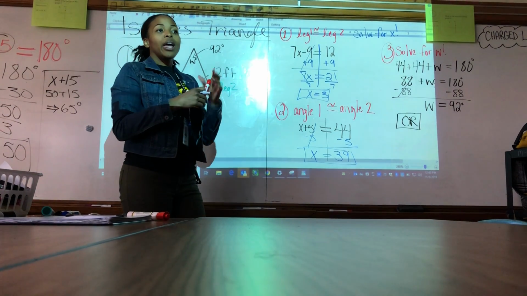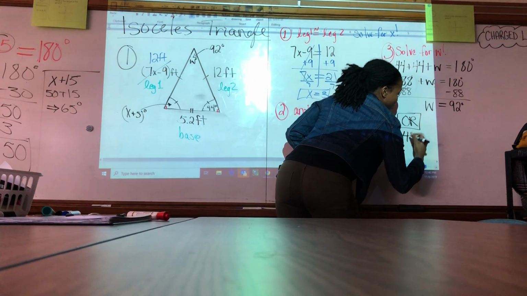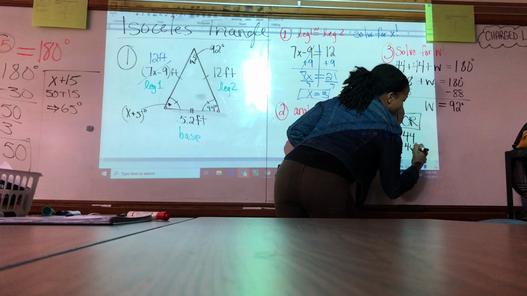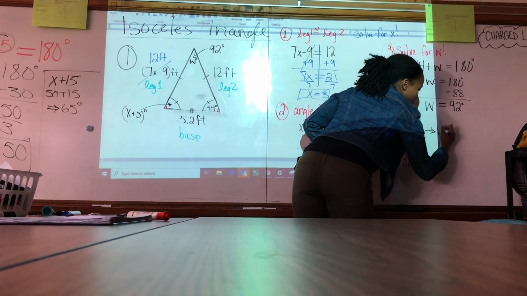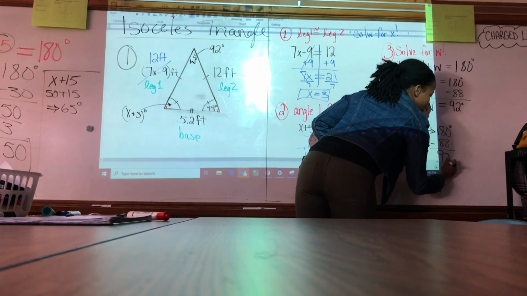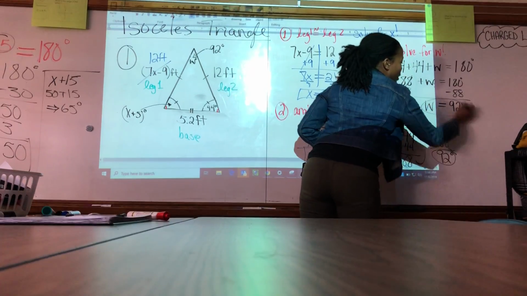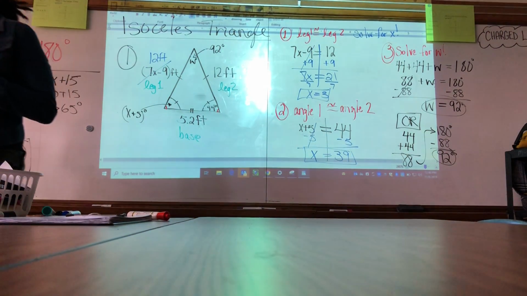Add them together, so it would look like 44 plus 44, and then what? That's 88, and subtract from 180. Same difference. Notice both of them are the same thing. So you can choose whichever method floats your boat.